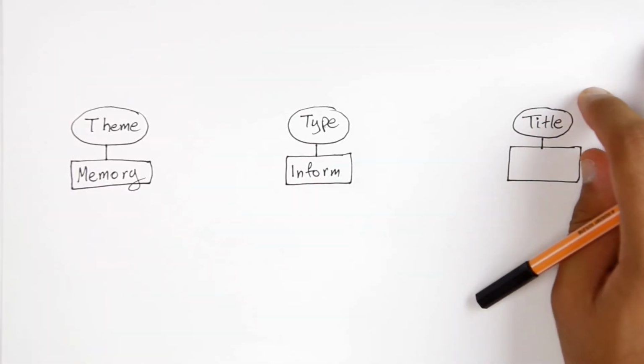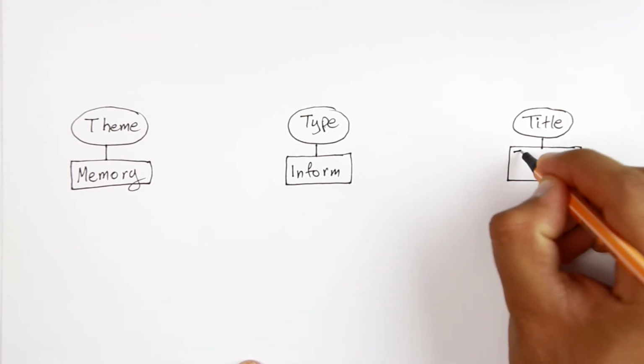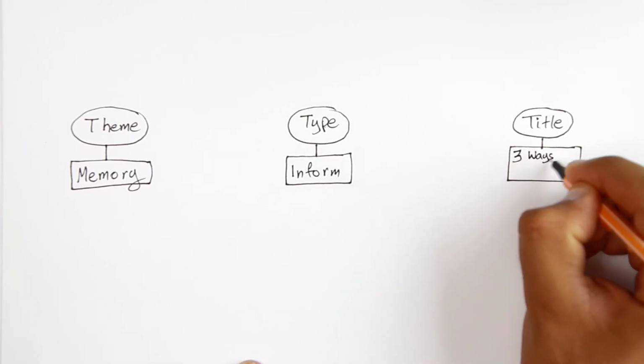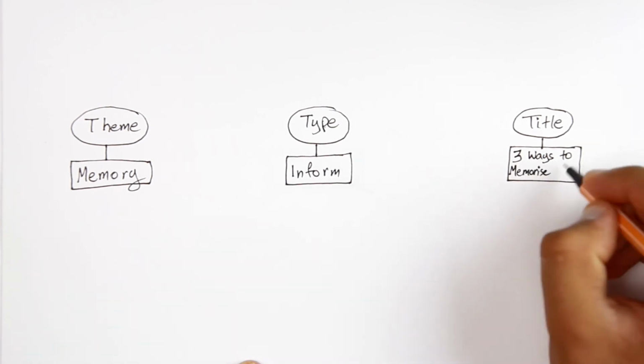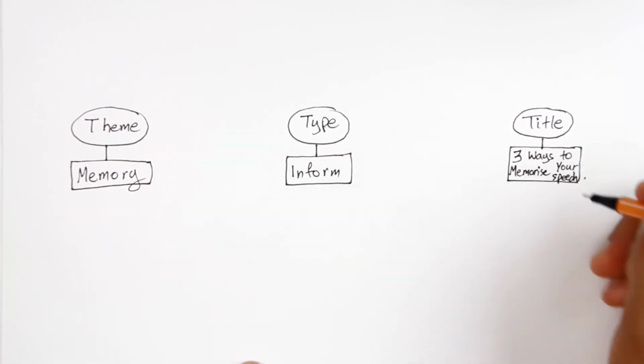And this allows me to fill this final box with 3 ways to memorize your speech. If you don't take away anything from this video, just remember the 3T formula. Decide on a theme that you're going to talk about so you don't deviate from that.